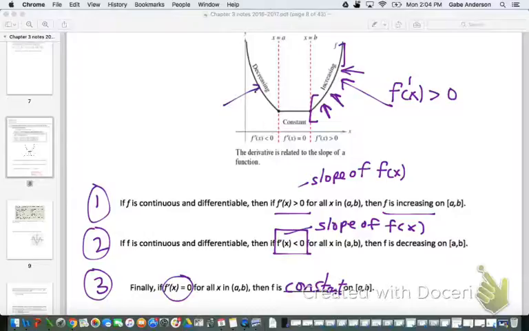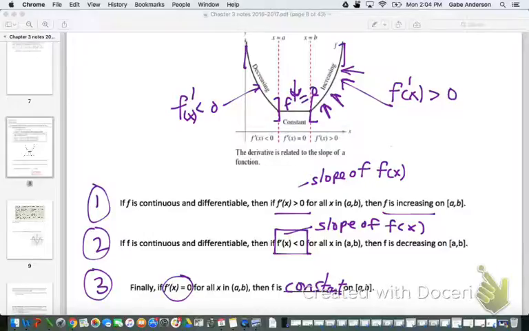Over here on the left, again on this interval, the slope of f is negative, so f prime would also be negative on that interval, making it a decreasing function. And of course, the space right here in the middle, you can see that we have a constant, and that would be a place where f prime equals 0.